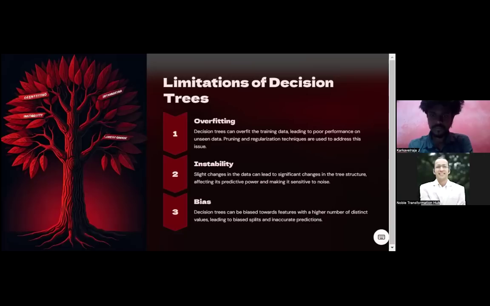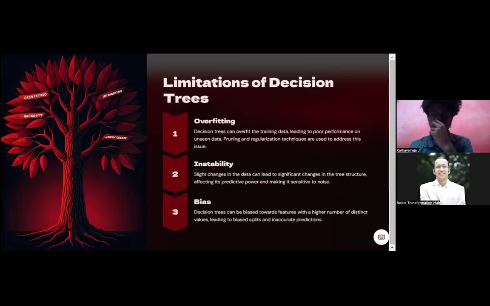If it is sensitive to noise, what will happen? It will try to capture that noise, and that is a problem. That can lead to bias. Noise can be outliers, or any anomaly.